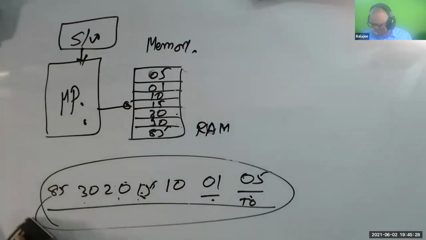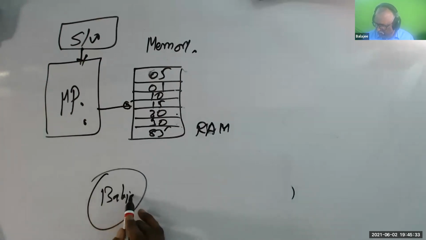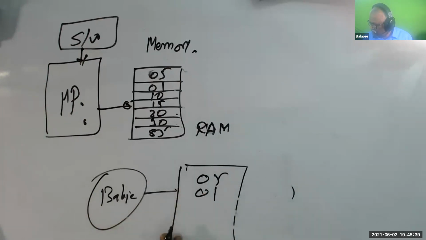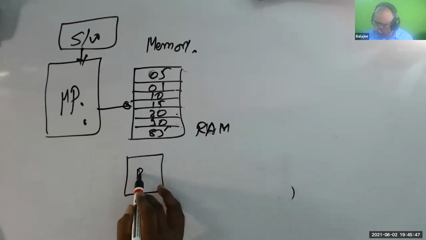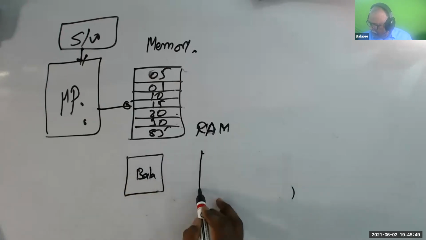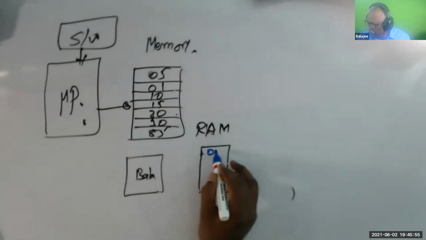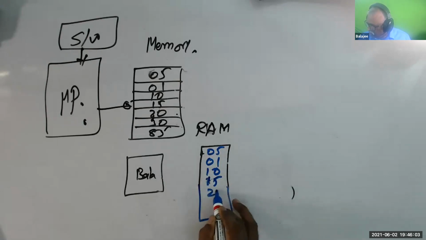Now what Balaji did was, on a piece of paper, Balaji has written 05, 01, 10, 15, 20, 30, 85 checksum.